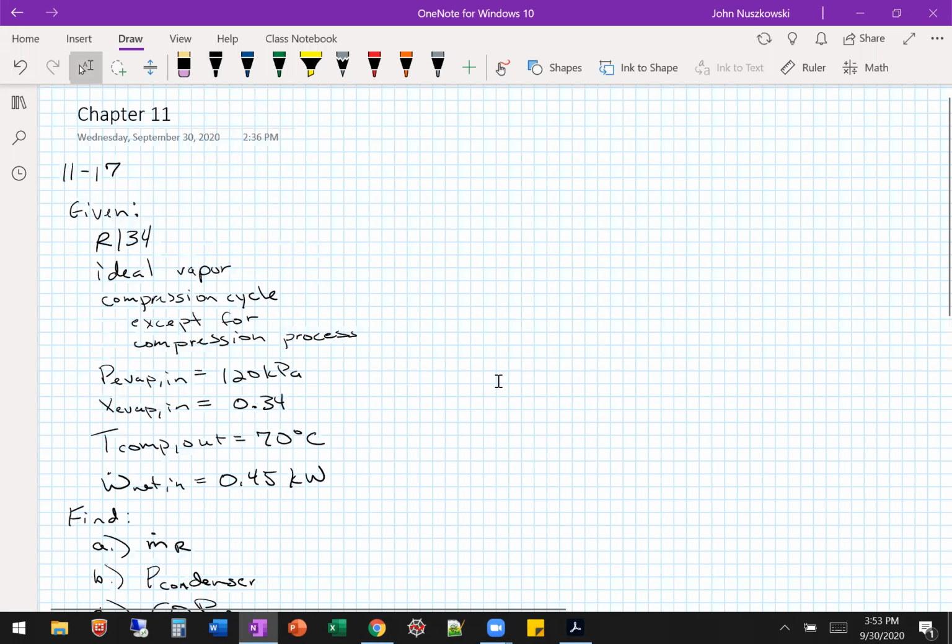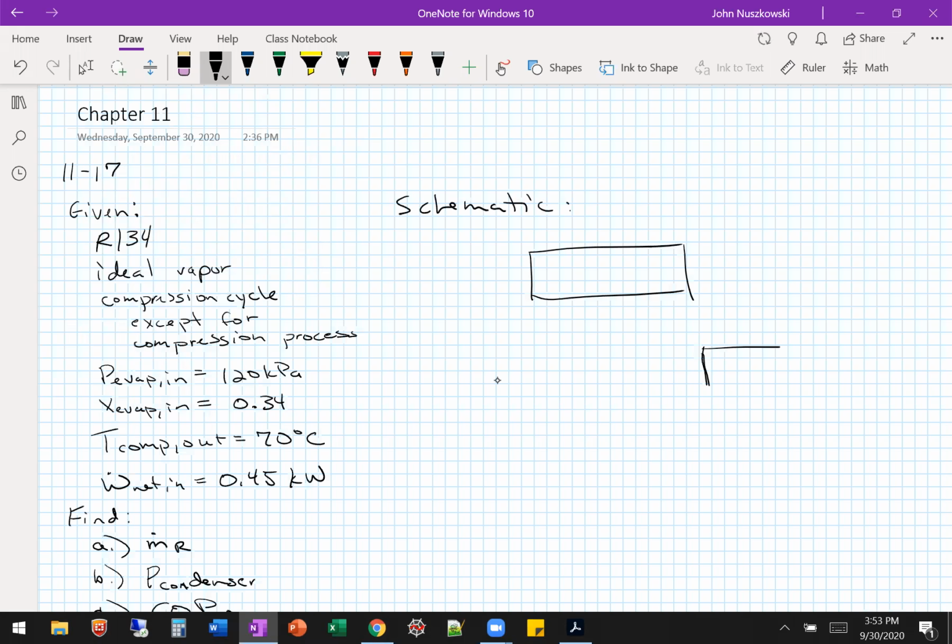All right, our schematic. Our heat exchanger at the bottom is our evaporator. The heat exchanger at the top is our condenser.